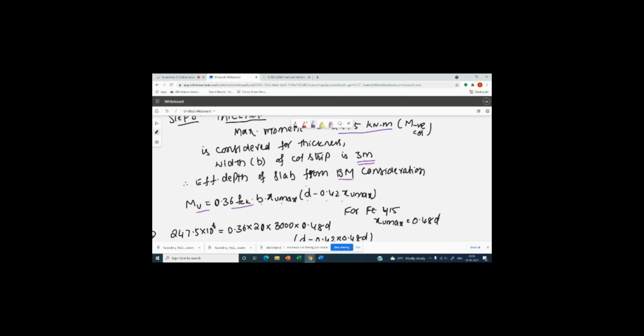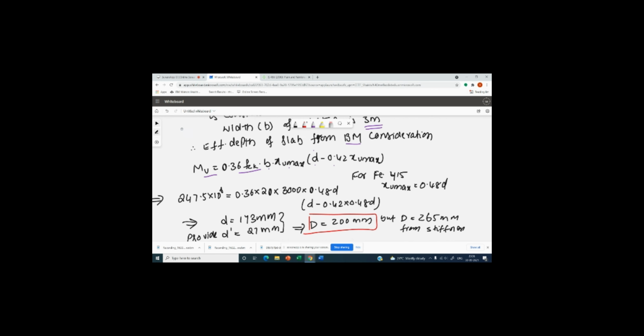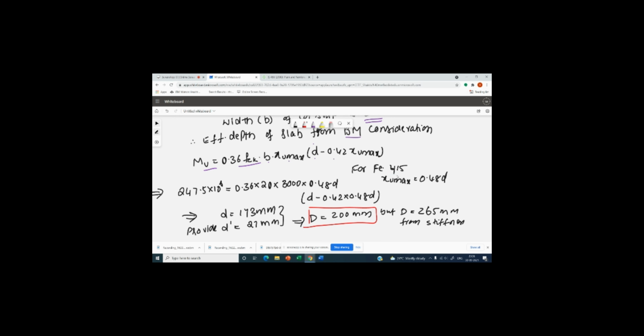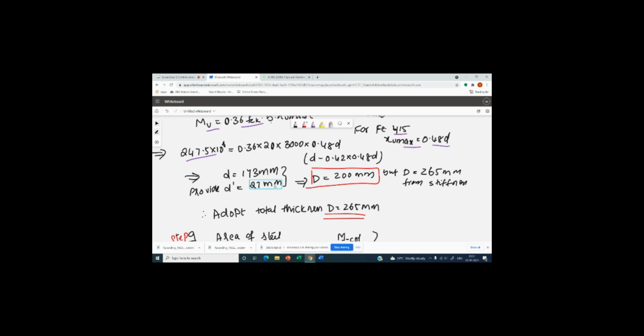So what is xu,max? xu,max is the limiting depth of the neutral axis. From IS 456, for Fe 415 grade, the limiting depth of neutral axis is 0.48 times the effective depth. So once we substitute the maximum bending moment, we are getting the thickness of the slab as 173 mm.